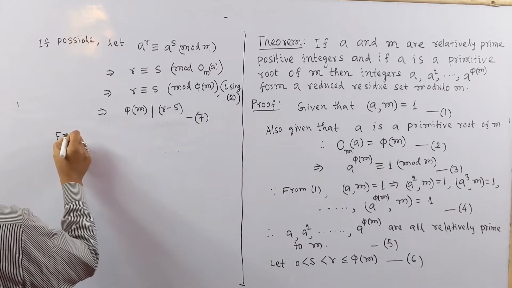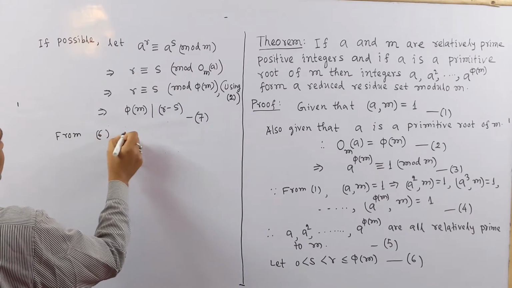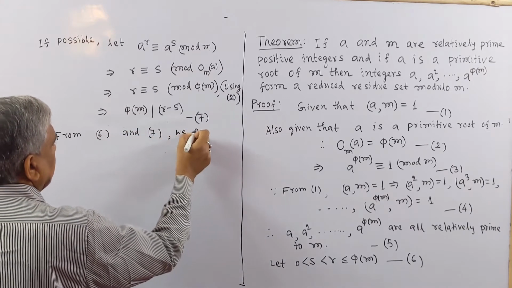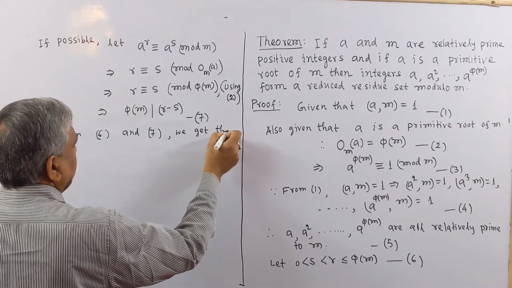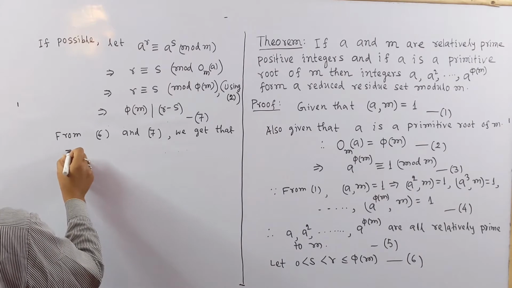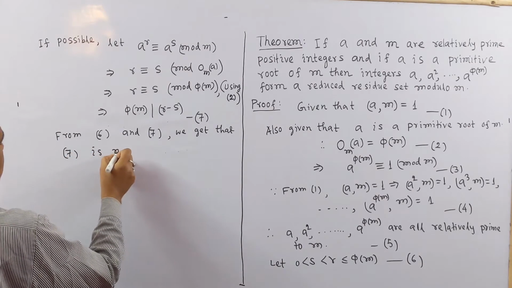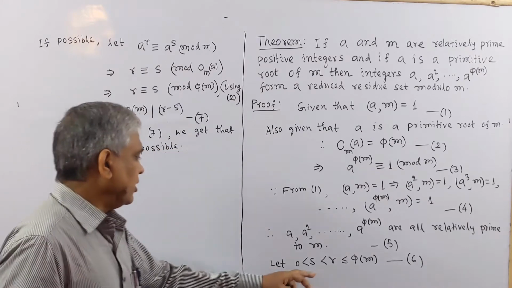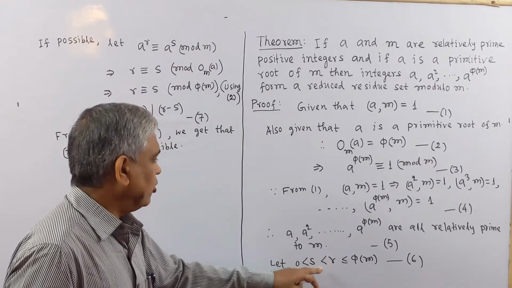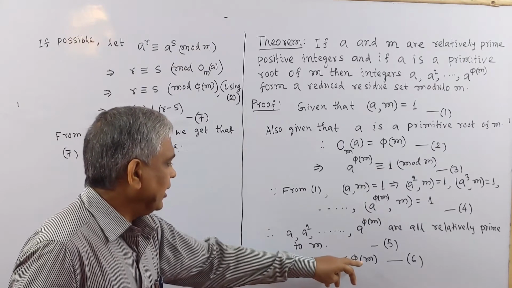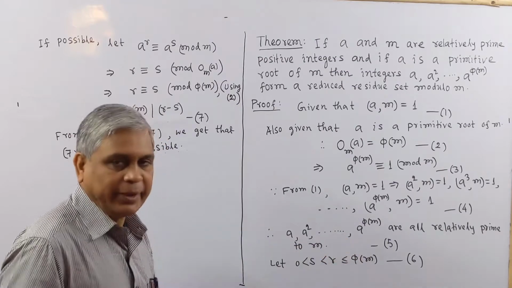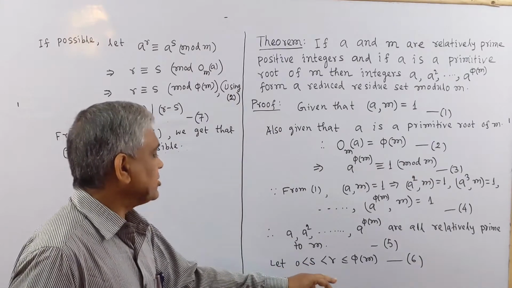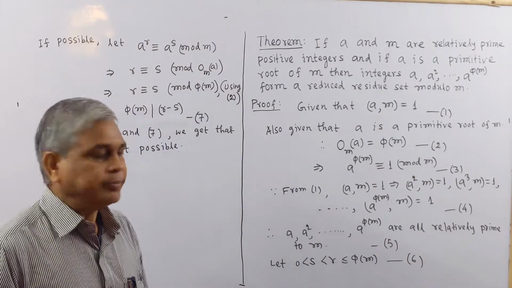From 6 and 7 we get that number 7 is not possible because s and r all are less than or equal to phi m, and therefore their difference does not divide phi m.